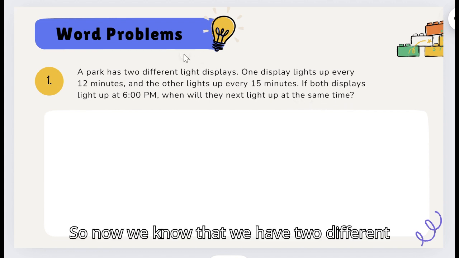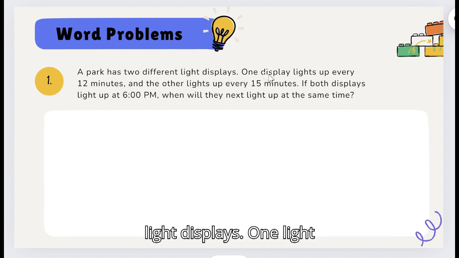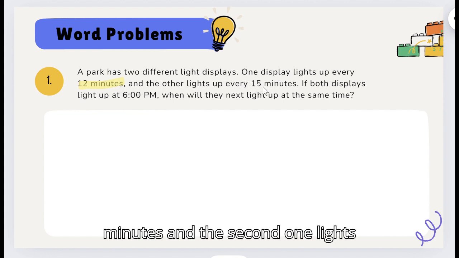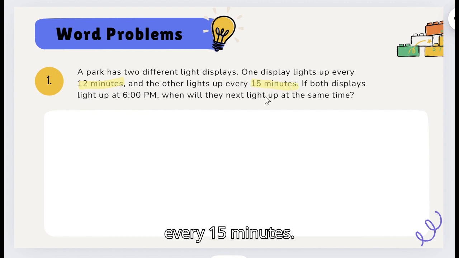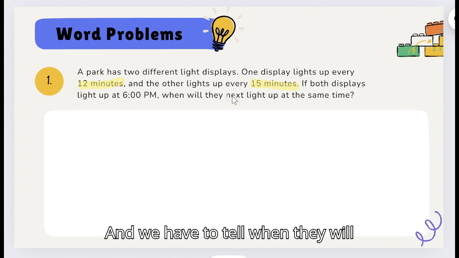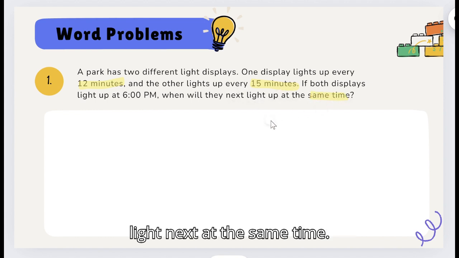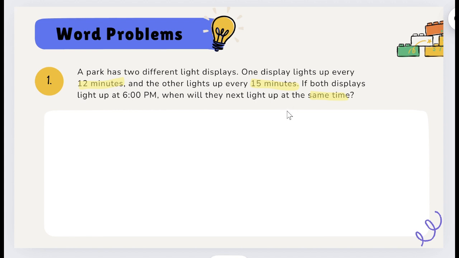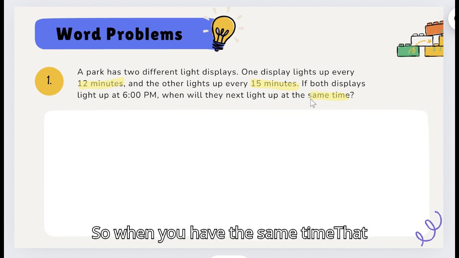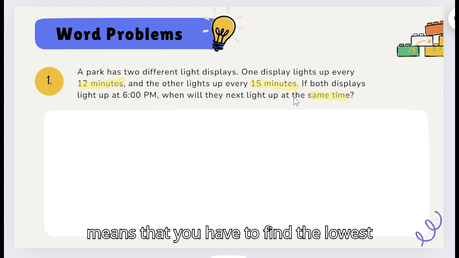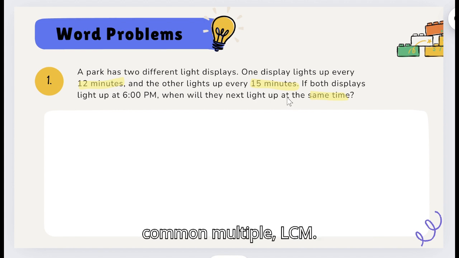So now we know that we have 2 different light displays. One light display lights up every 12 minutes and the second one lights every 15 minutes. And we have to tell when they will light next at the same time. So when we have the same time, that means that we have to find the lowest common multiple, LCM.